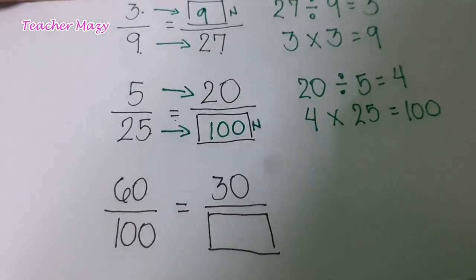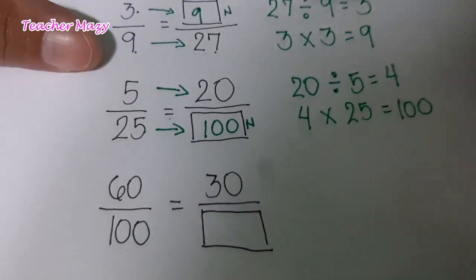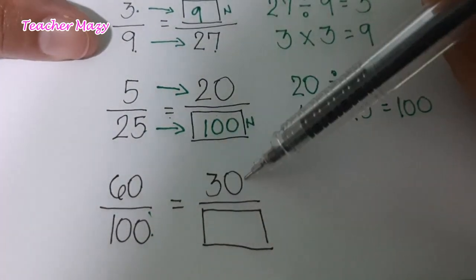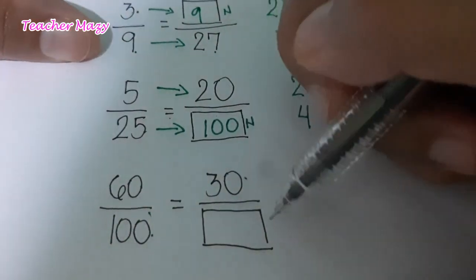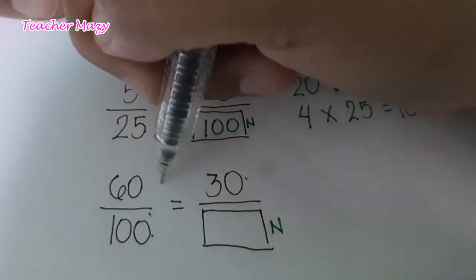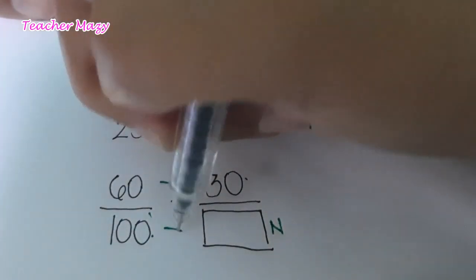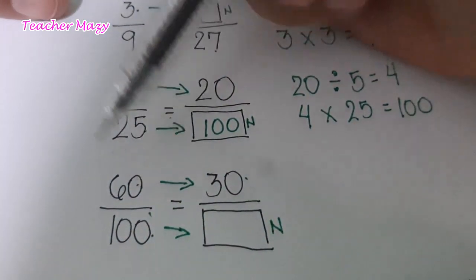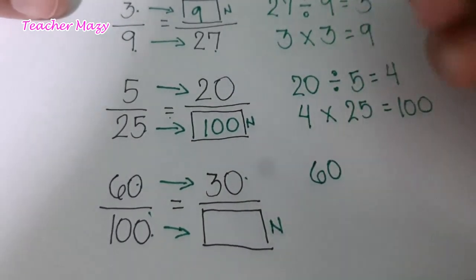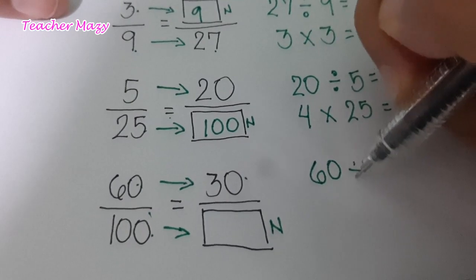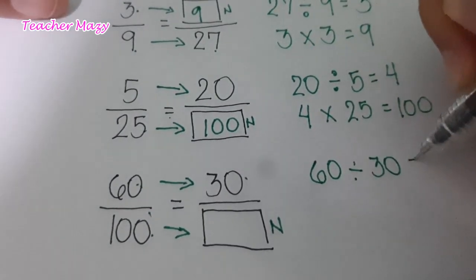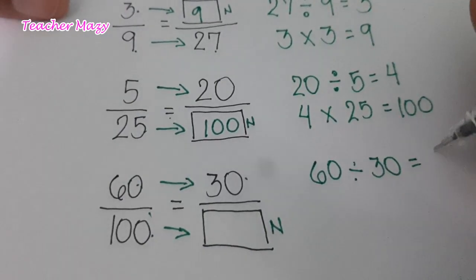Another one. Let's say we have 60 over 100 is equal to 30 over n. Again, let's divide it horizontally. Since 60 is bigger, we will begin with 60 divided by 30, which is equal to 2.